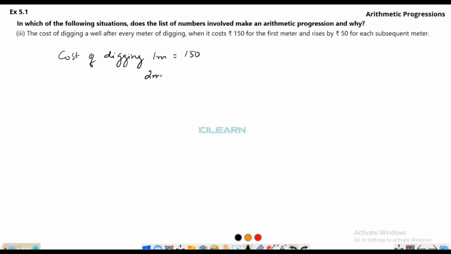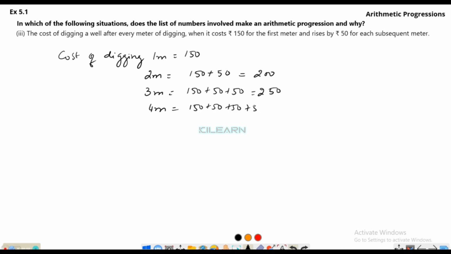For the second meter, 150 plus 50 rupees rise, which gives us 200. For 3 meters, it becomes 150 plus 50 plus 50, that is 250. For the fourth, 150 plus 50 plus 50 plus 50, which gives us 300.